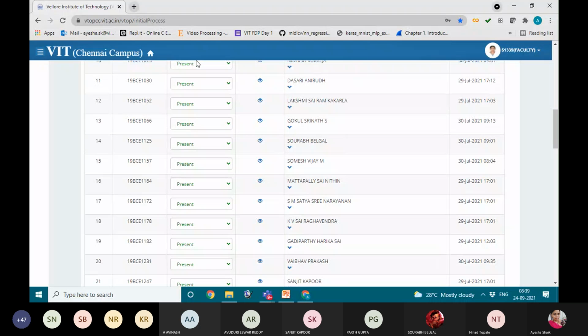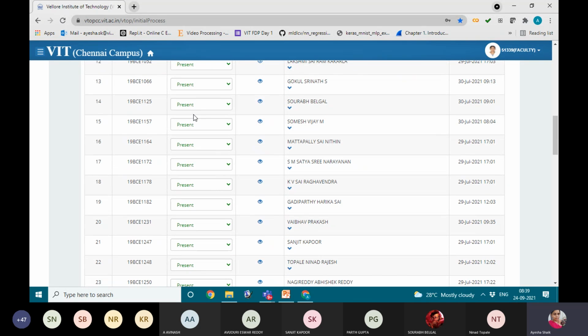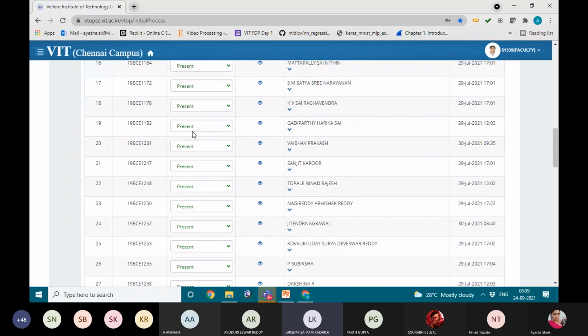Anirudh. Present, ma'am. Sairam, present. Gokul, yes. Saurabh, present. Somesh, yes. Sai Nitin, present. Satyasri Narayanan, present. Sai Raghavendra, present.